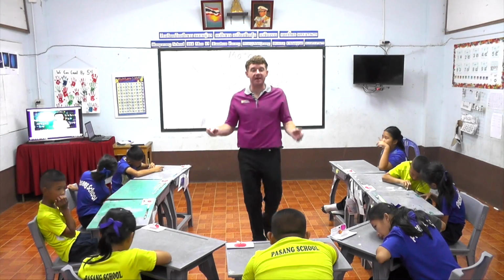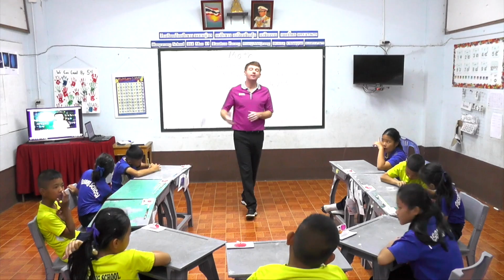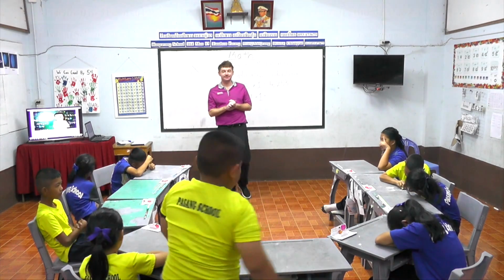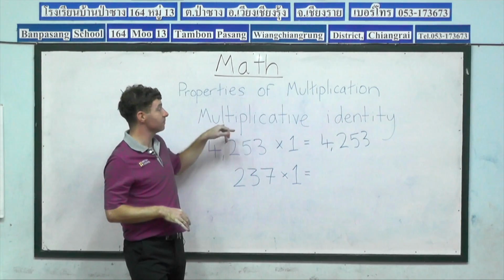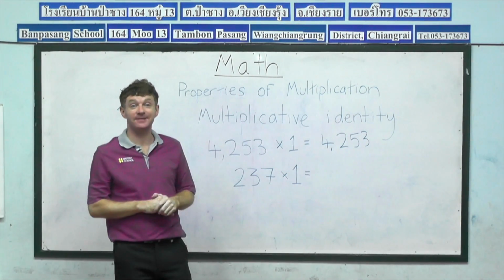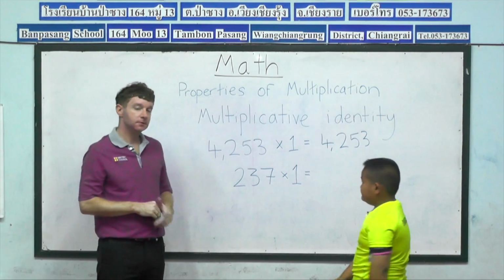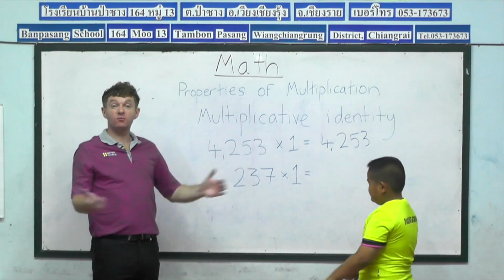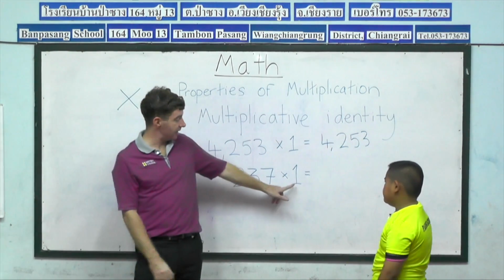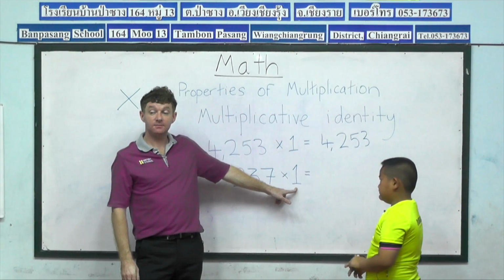I know Net can answer this one for me. Net, come forward and join me, please. Let's have Net demonstrate how to answer this multiplicative identity property. So, what number do we have, guys? 237. And how many are we timesing it by? 1.